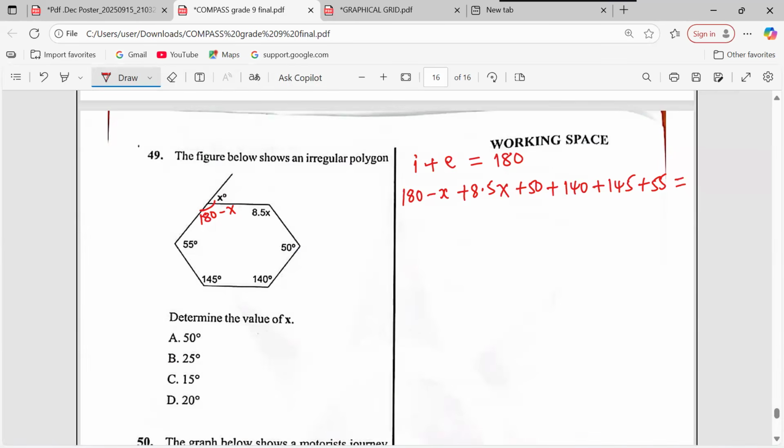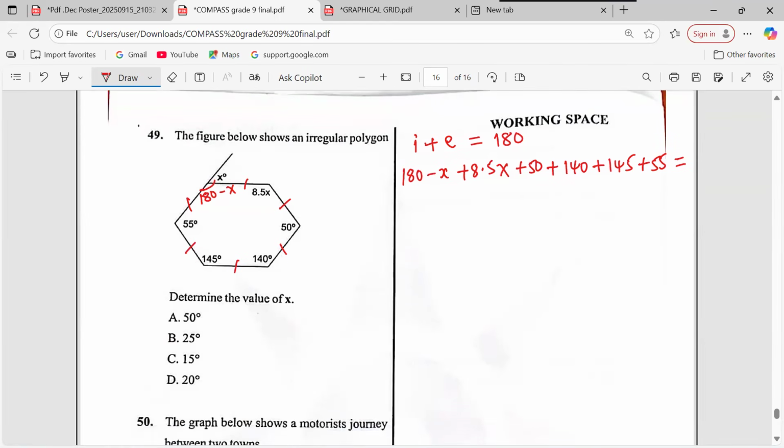All this should give us the ideal sum of all the angles, whereby we have 1, 2, 3, 4, 5, 6 sides. To get the sum of interior angles, we usually use 180 times n minus 2, where n is the number of sides. So now we are talking of 180 times 6 minus 2.